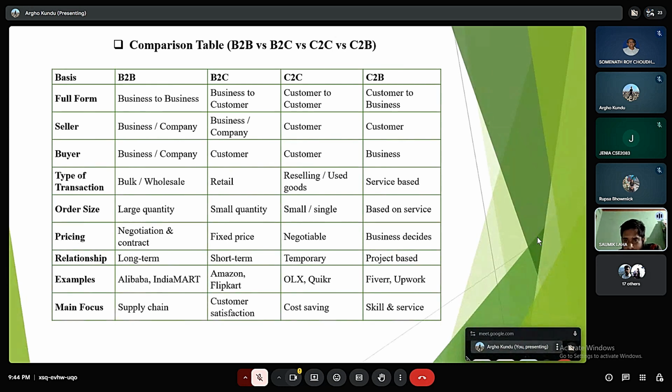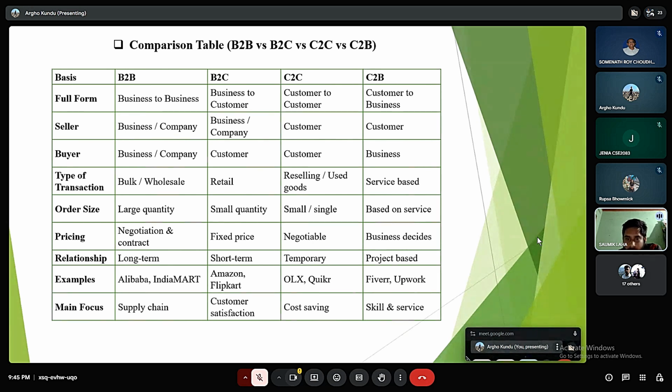Buyer: B2B is a business, B2C is a customer, C2C is a customer, and C2B is a business. Transaction type: B2B is wholesale and bulk, B2C is retail, C2C is used goods, and C2B is service based. Order size: B2B is large, B2C is small, C2C is very small, and C2B is based on the service.